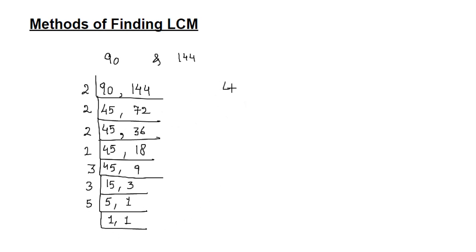Now writing the LCM is direct. Previously we were writing both prime factorizations and taking out the common ones. In this method we directly write LCM equals all the numbers, and there is no common you are going to take. This is 5.